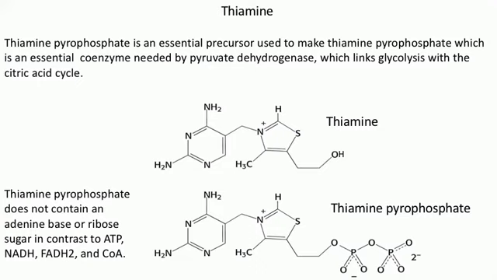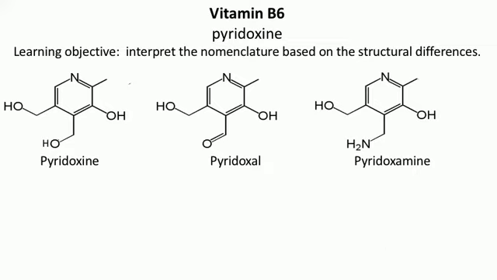And now I want to look at pyridoxine. I'd like you to pause without going on and explain how the difference in these structures corresponds to the names. We have pyridoxine, pyridoxal, pyridoxamine. Please explain that nomenclature, and I'm going to move on.